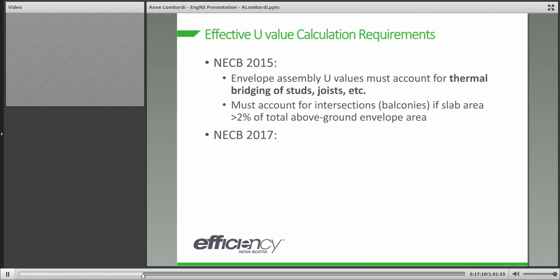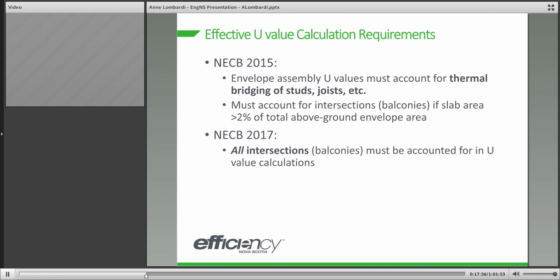And it only needed to account for any perpendicular intersections like balconies if that intersection slab area was greater than 2% of the above ground envelope area. This translates to, if you have balconies all along each floor of the building, yes, you have to account for them. But for most buildings, we could ignore balconies in NECB 2015.